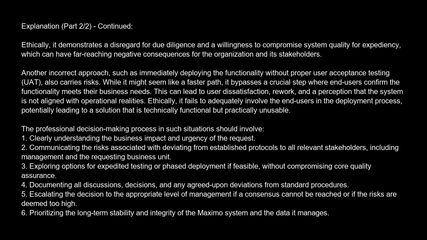Documenting all discussions, decisions, and any agreed-upon deviations from standard procedures. 5. Escalating the decision to the appropriate level of management if a consensus cannot be reached or if the risks are deemed too high. 6. Prioritizing the long-term stability and integrity of the Maximo system and the data it manages.